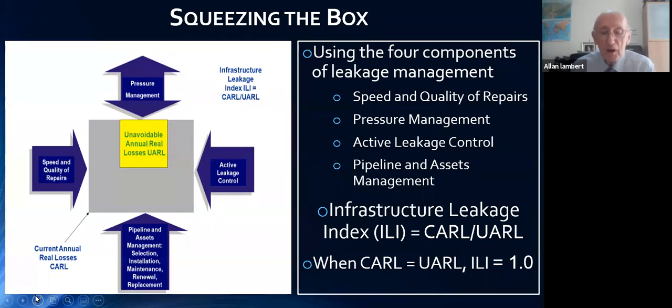And you're trying to push it down and to achieve unavoidable annual real losses, UARL, which is the yellow box. The infrastructure leakage index, ILI, is the ratio of the 2 figures, the CARL over the UARL. And this particular diagram represents an ILI of about 4. That's to say, the current real losses are 4 times the unavoidable annual real losses.